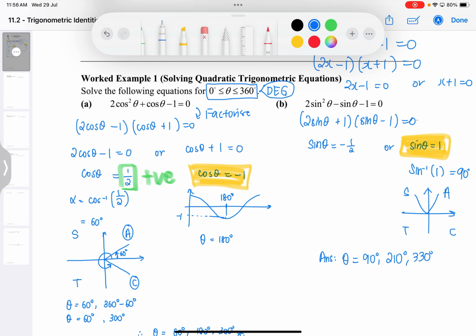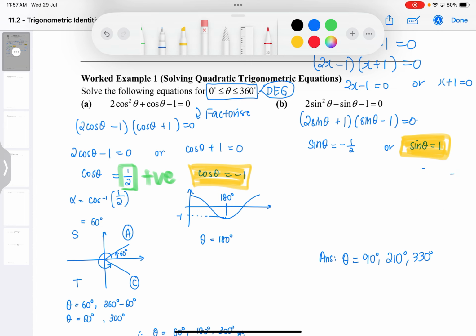Your 90 degrees will be here, and in the second quadrant, because the basic angle is 90, it will also be here. So you end up with 90 degrees again. You know what I'm trying to say? When it comes to 90, 180, 270 and 360, using the basic angle will fail, because it will end up confusing you. So we don't use the basic angle for these values.